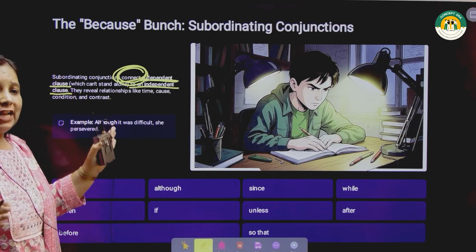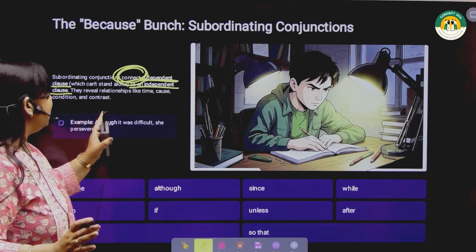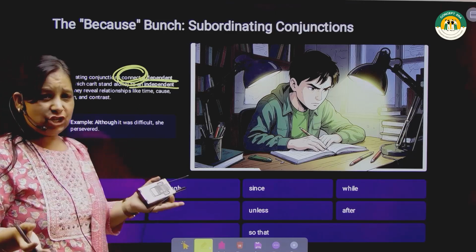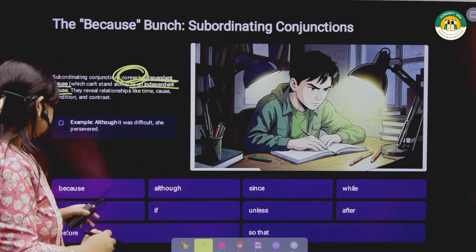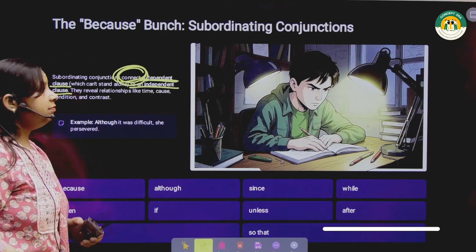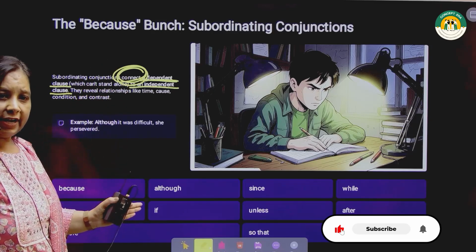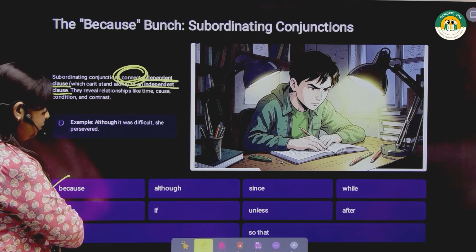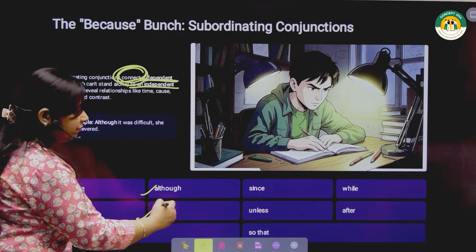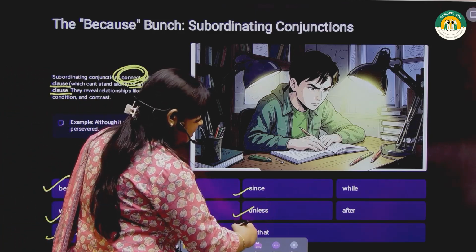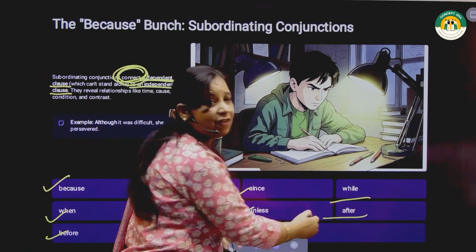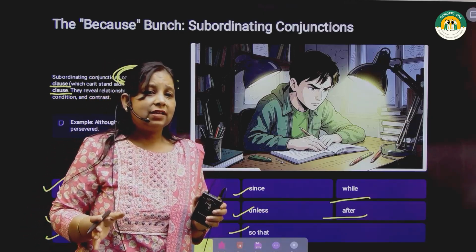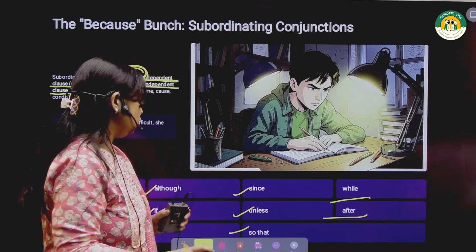They reveal relationships like time, cause, condition and contrast. See, here are some subordinate conjunctions: because, when, before, although, if, since, unless, so that, while, after. These are known as subordinate conjunctions.